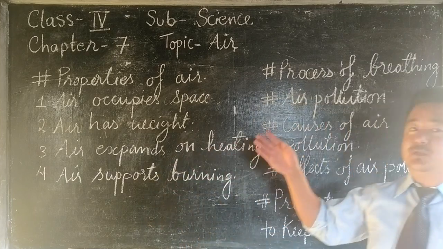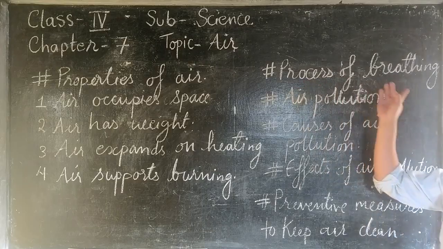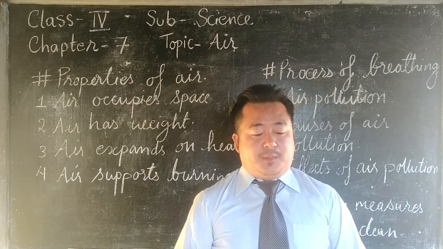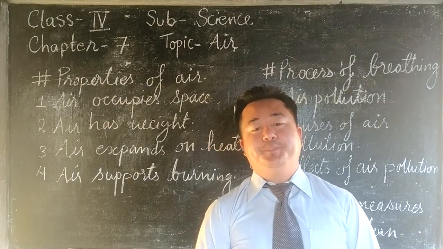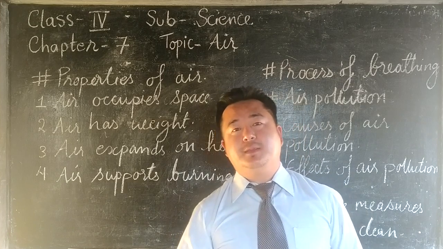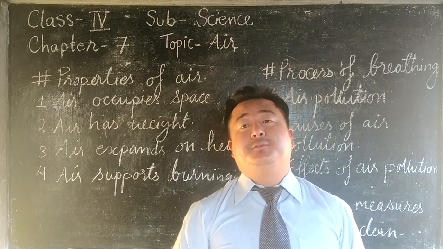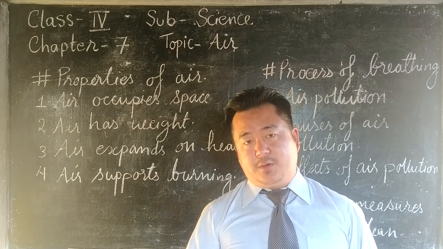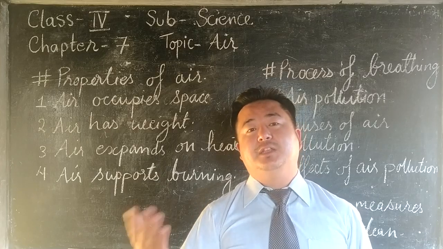Coming to the topic of the process of breathing. As you already know, breathing is the process of taking in and giving out air. Different living beings have different organs for breathing. To survive, we need air.